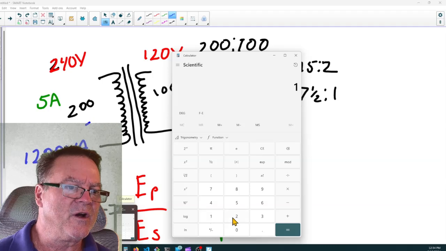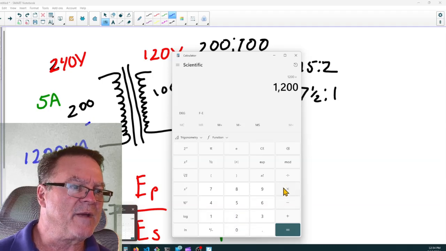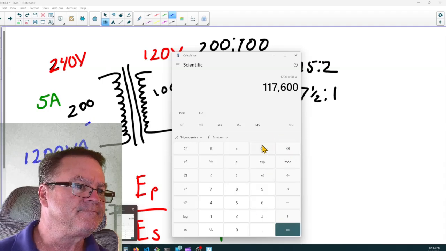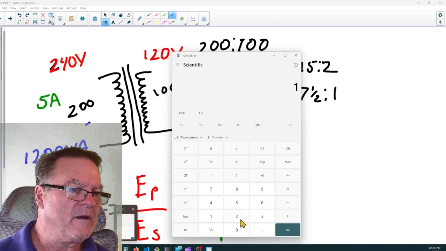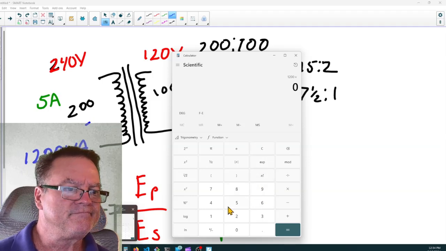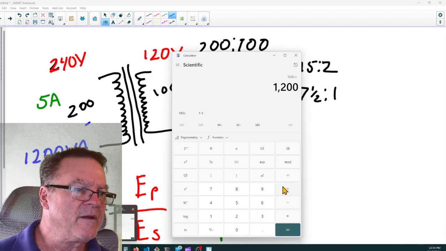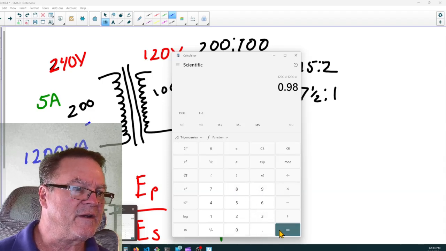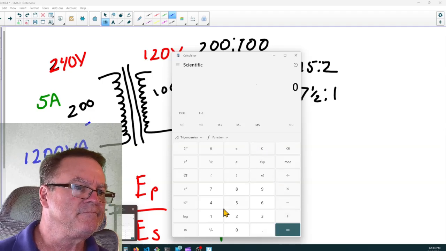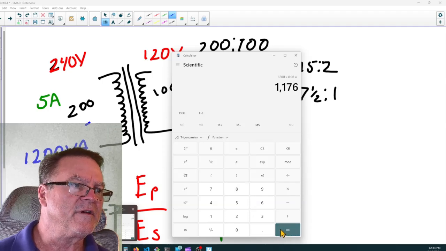So if I have 1200 times 98% efficient, I don't know why things aren't working today, times 0.98. Is it me or is it the computer? I have a feeling it's the computer.